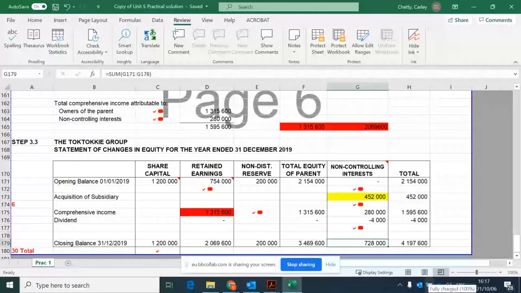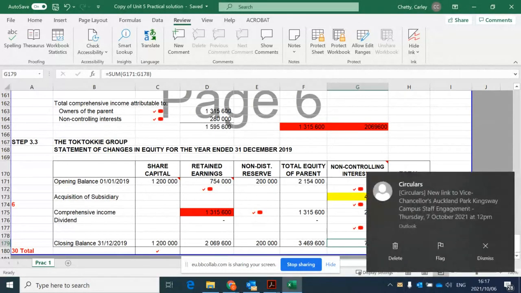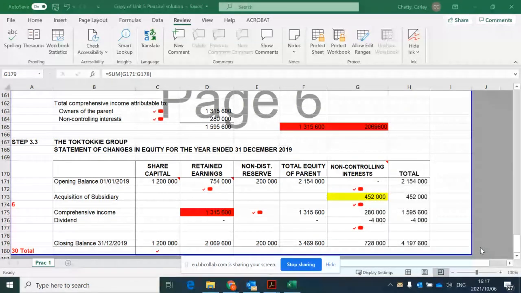The total. Okay, but who declared that dividend and to who? The subsidiary declared the dividend to both the parent and the non-controlling interest.